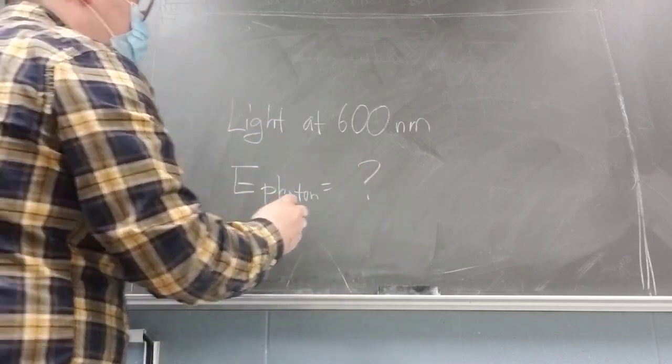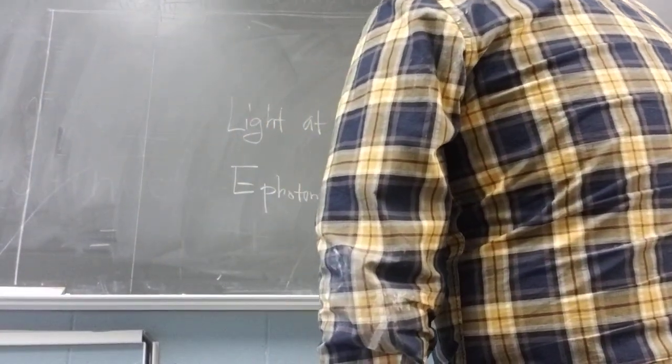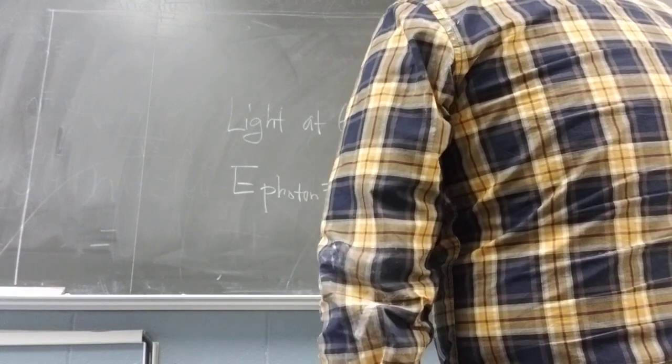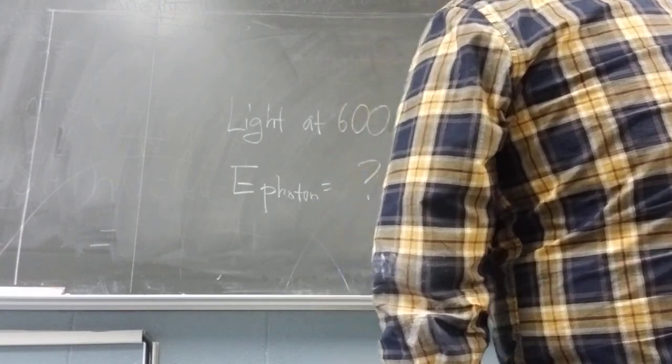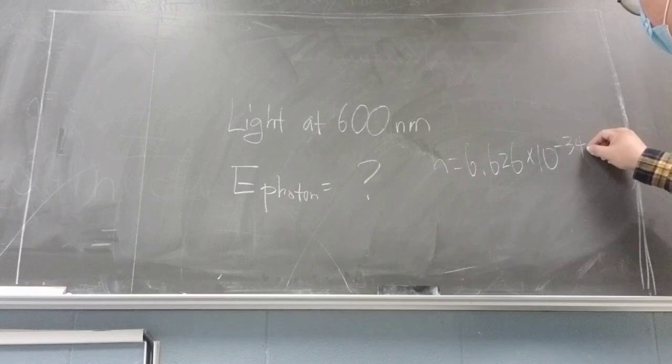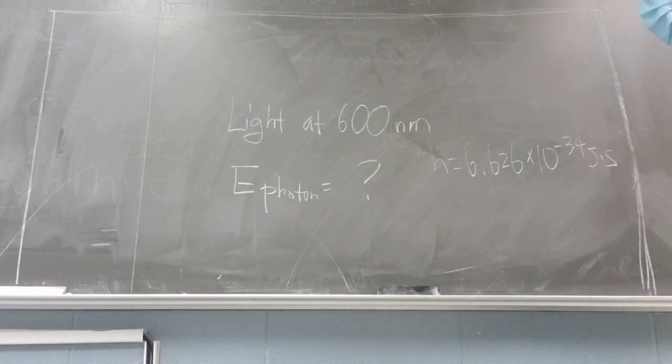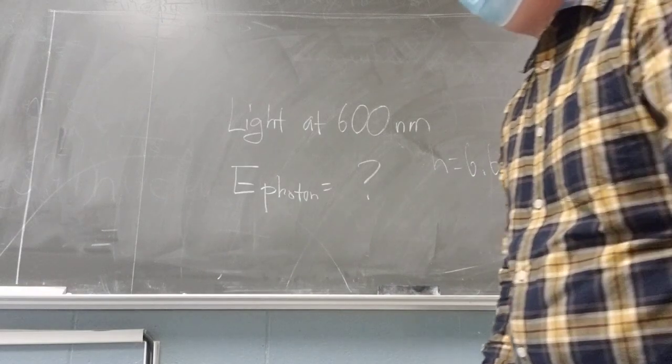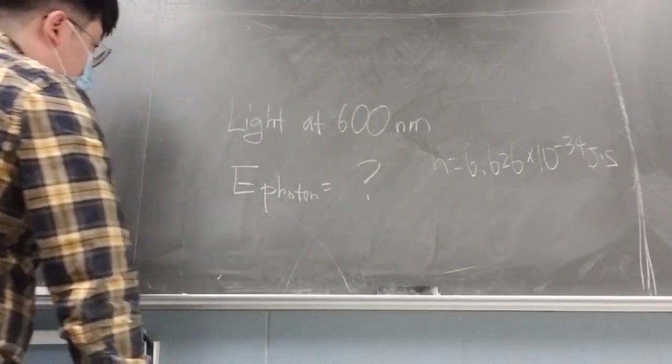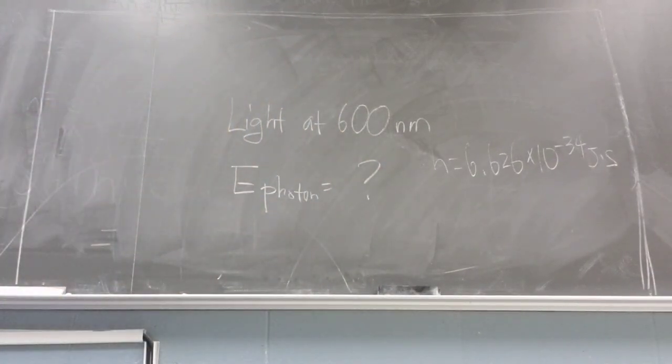And the Planck constant is 6.626 times 10 to negative 34 joule times second. So joule means the unit of energy. It's the amount of energy you can accelerate 1 kilogram of matter by 1 meter per second faster.